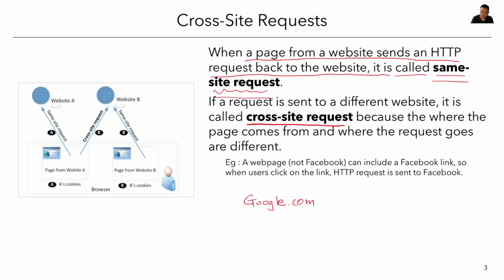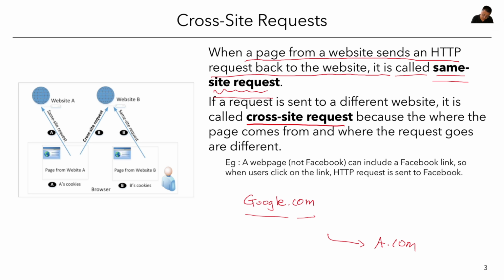When you click a link on this page, it will actually be redirected to a third-party website. Then this request will come from google.com, but it goes to a different website, say a.com. So this is called a cross-site request.